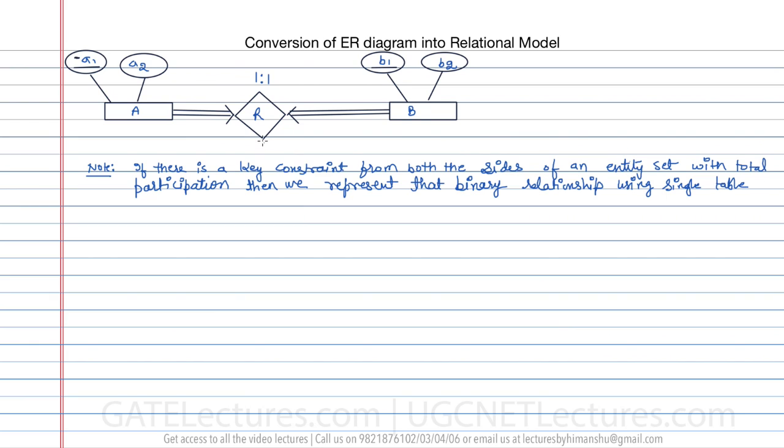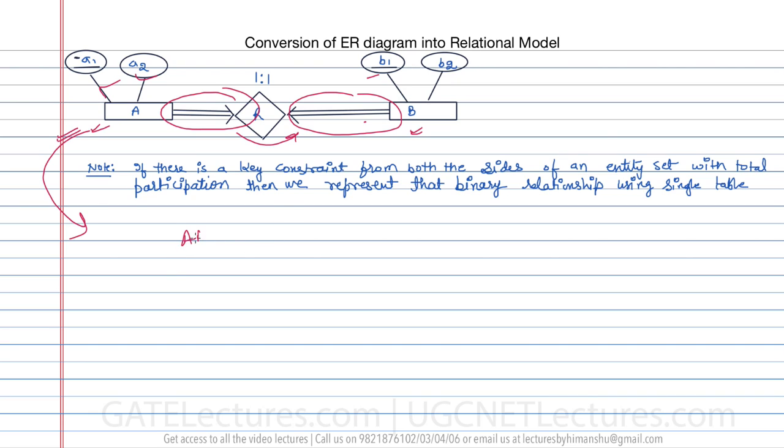So you can see it is saying if you have a relationship like this, which is having the total participation on both sides, that is, the minimum cardinality on both sides is 1, then for this, either you can create a table for this and a table for this, but that is going to waste a lot of time. But if you have a total participation on both sides, in such examples, what you can do is combine all the attributes and create one single table.